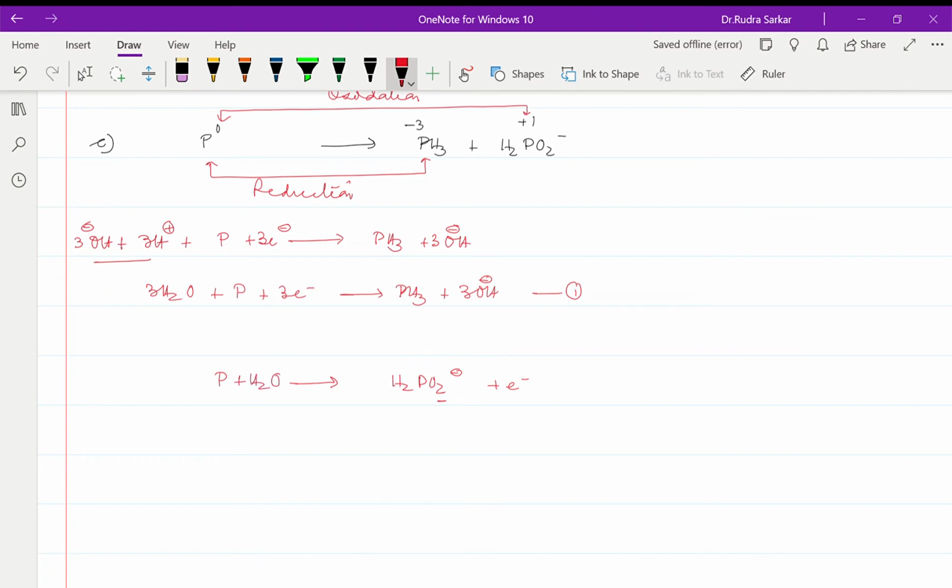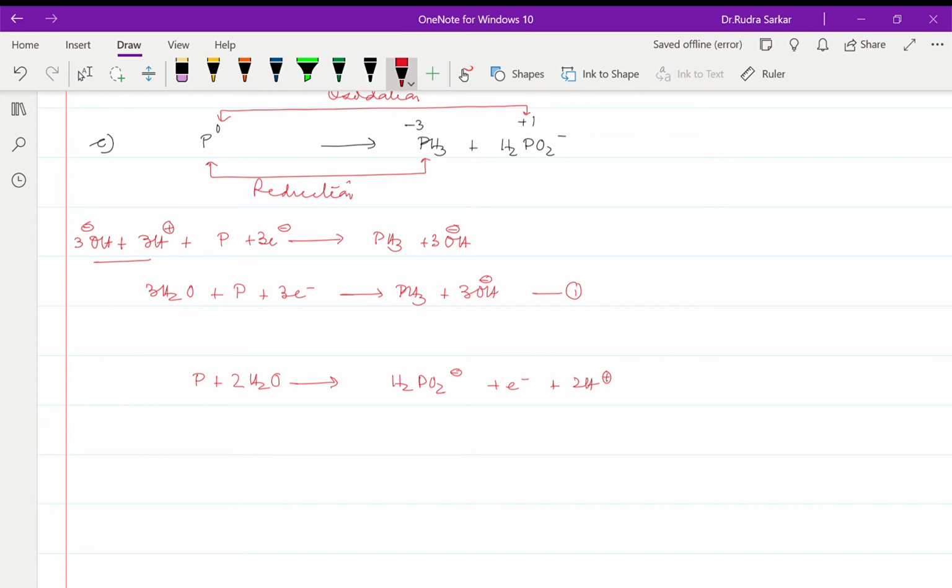If we add water here, obviously we have to multiply this water by 2 to balance the oxygen over here, as we can see, it is 2. Now to balance the proton, because there is 4 over here and only 2 over here, so to balance the proton we will add 2 proton over here.